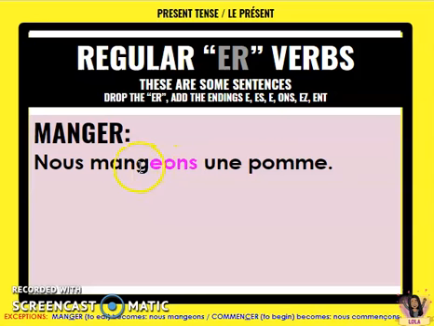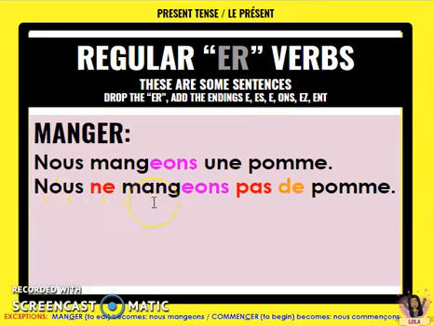Because it ends with a G over here, when we take off the ER, we can't just put ONS, because then it would be nous mangons une pomme, and that doesn't make any sense. So we add the letter E, so it's a little bit more subtle, and it becomes nous mangeons une pomme. And that rule would apply to other verbs as well that have the G at the end when you take off the ER. So again, nous mangeons une pomme, we eat an apple, or we are eating an apple.